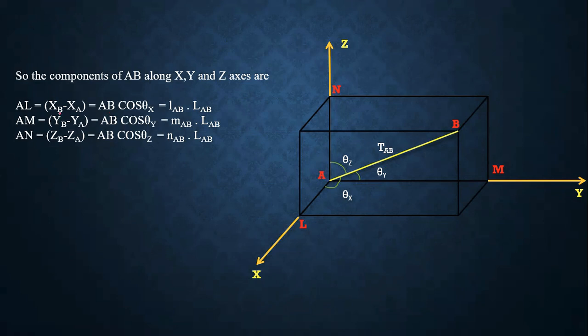So XB minus XA equals AB cos theta x, where AB is the length of the member and cos theta x is equal to LAB, just like the previous equation. Same as AM equal to YB minus YA equal to AB cos theta y.